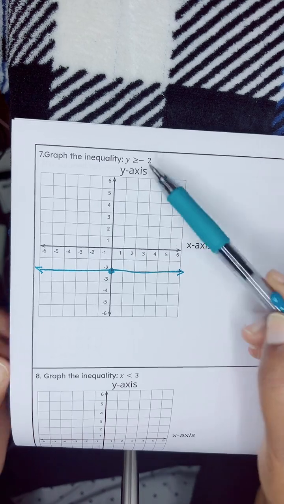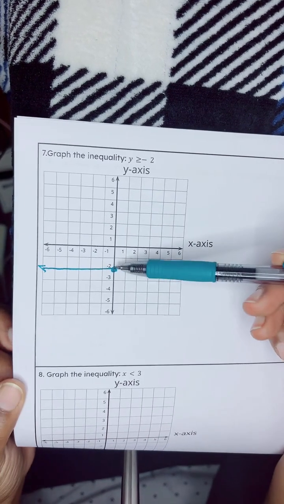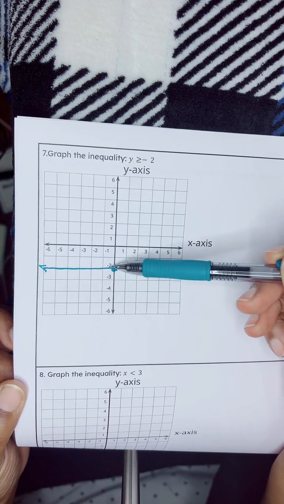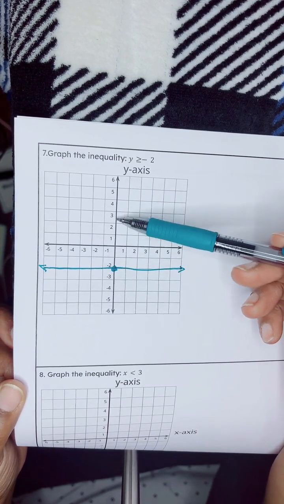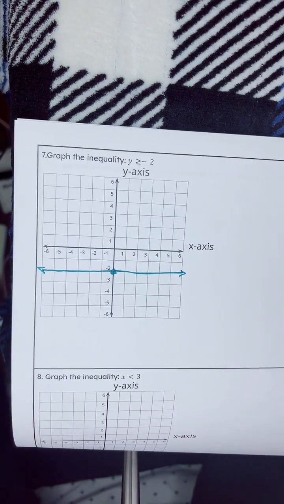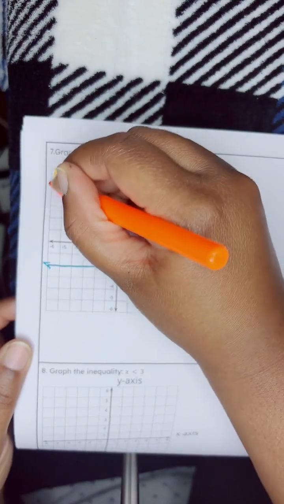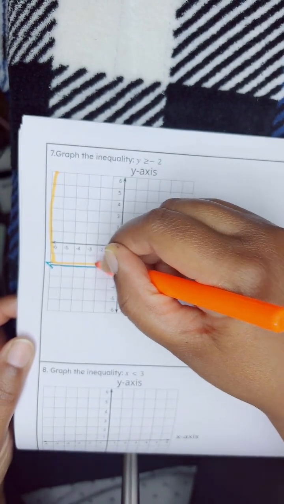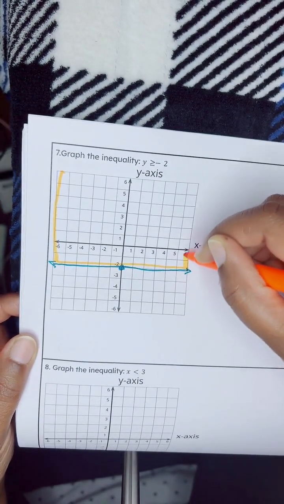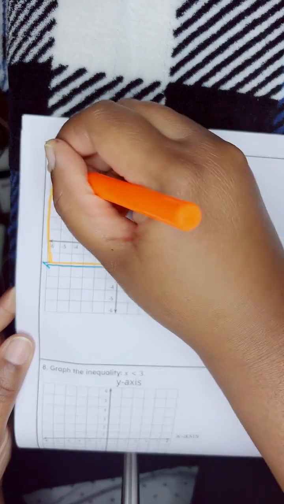Okay, because this means greater than. Well, the numbers that are greater than -2 on the y-axis are 1, 2, 3, 4. So we're going to shade above. So all this area is going to be shaded.